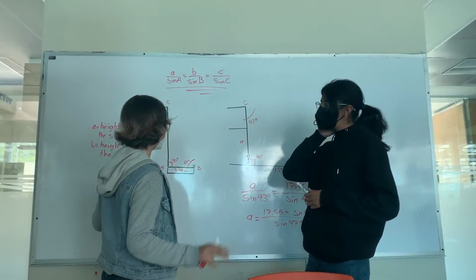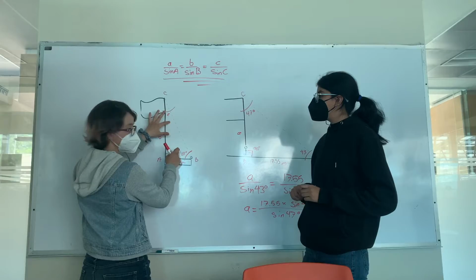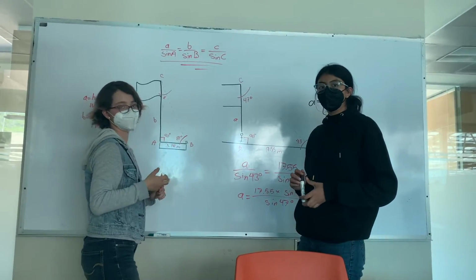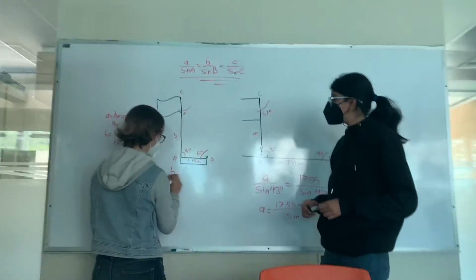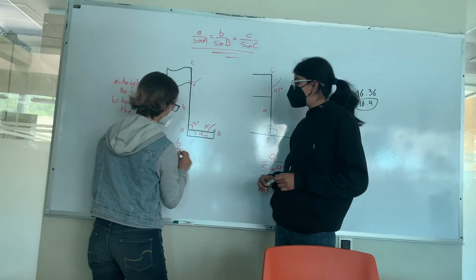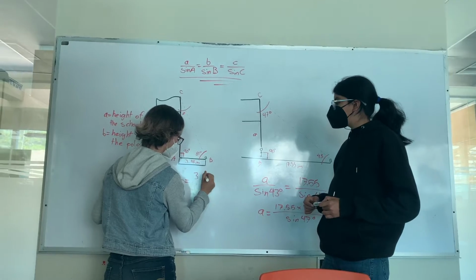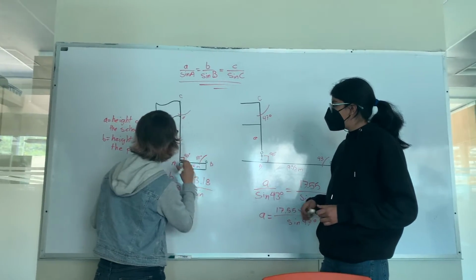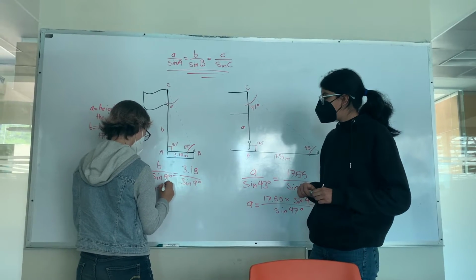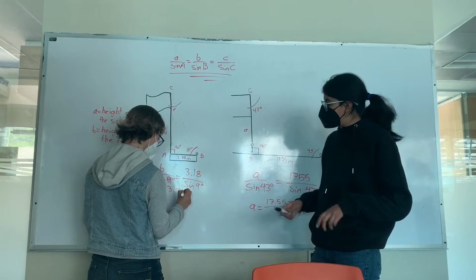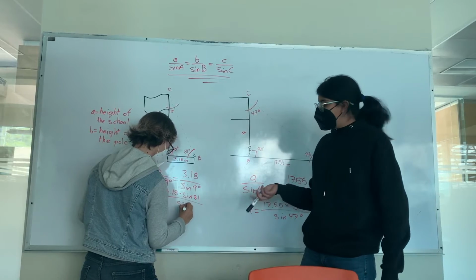Well, we are doing the same thing here. We have the measure of this side, and we have the two angles beside the 90 degrees angle. So we are going to apply the same law here. So B is equal to... And now the value of B is calculated by doing 3.18 multiplied by sin of 81 divided by sin of 9.